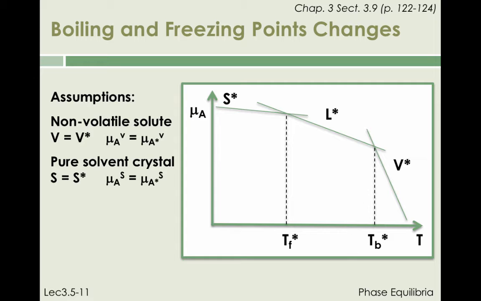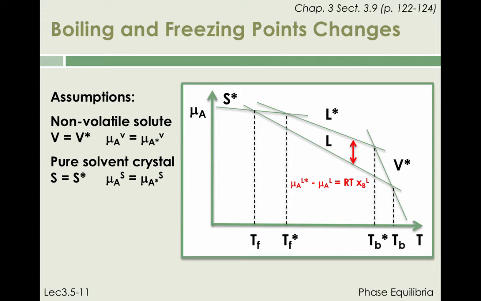It also implies that μAV, the chemical potential of A in the vapor phase above the solution, is the same as μA star V, the chemical potential of A in the vapor phase above the pure solvent. Second, we assume that the solute B does not crystallize with the solvent to make a mixed crystal phase. If the solvent remains pure as it crystallizes from solution, then its chemical potential remains identical to that of the pure solvent.